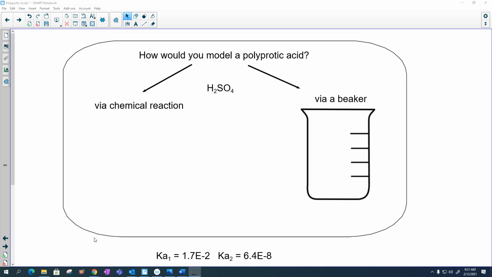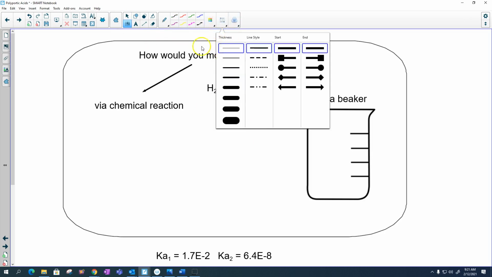All right, so you've had an opportunity to try it out here. Now, again, this is a good question, because what is that guy? It's strong. Okay, let's write out what reaction is going to take place here. Well, we know this guy is strong, so what does that mean?